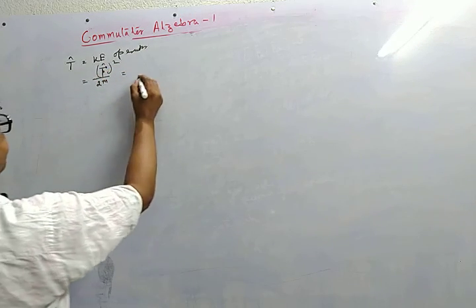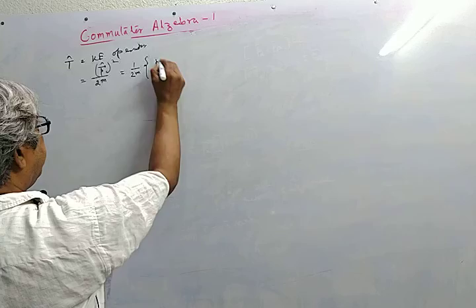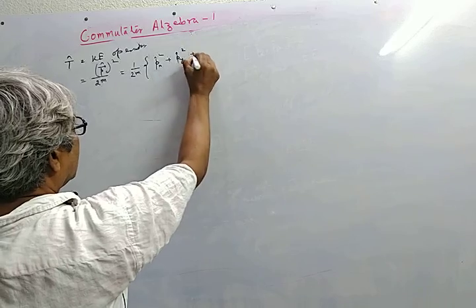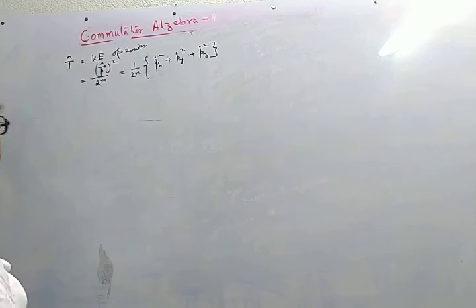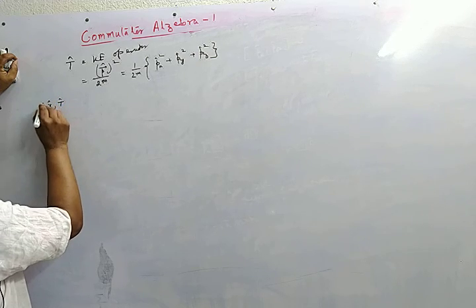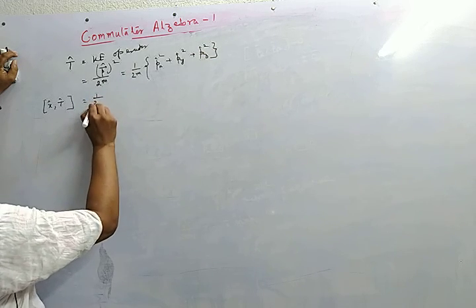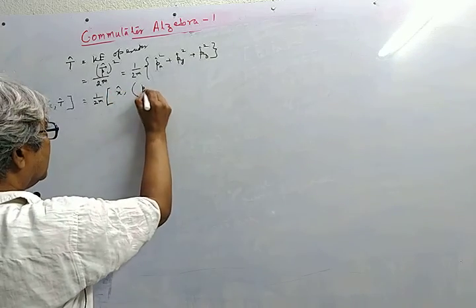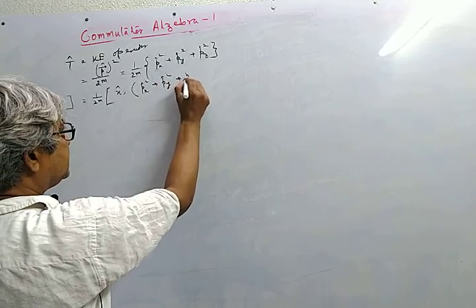This is basically 1 upon 2m times px squared plus py squared plus pz squared. Now we find the commutator of x with T. So it becomes 1 upon 2m taken out, and then x operating on px squared plus py squared plus pz squared.